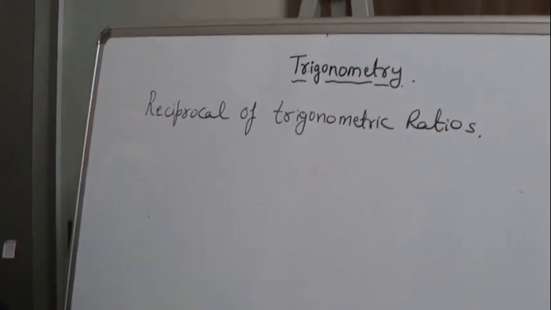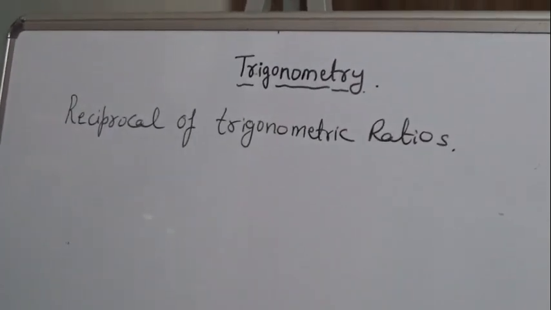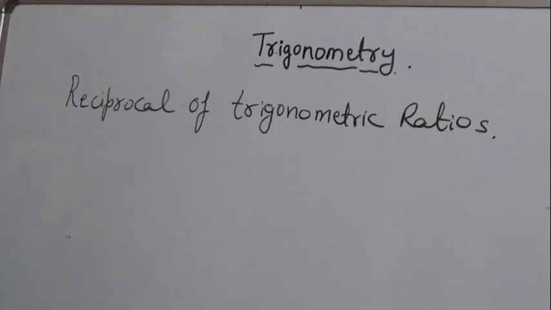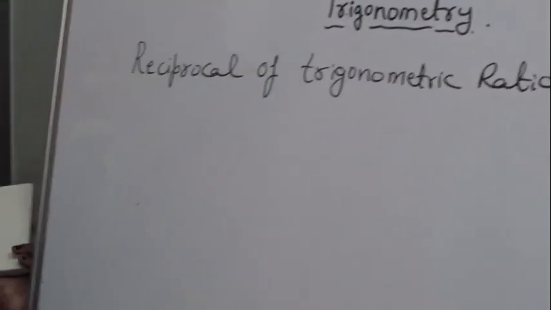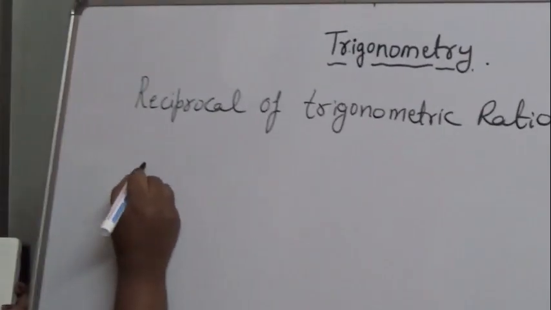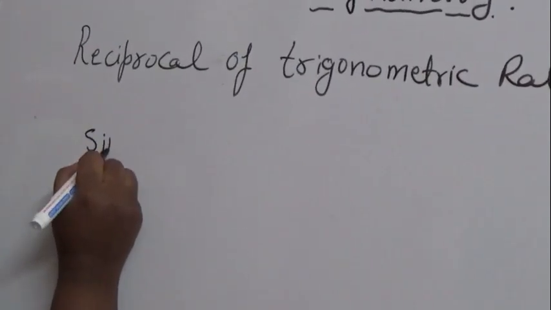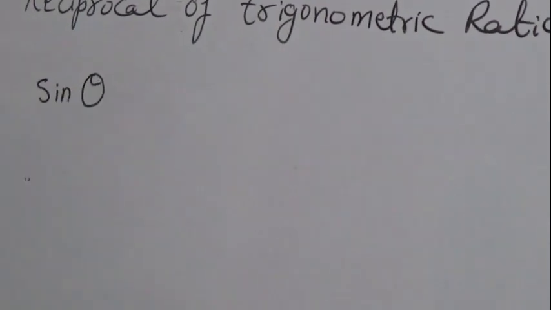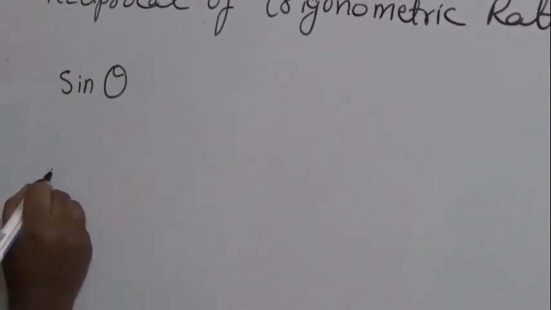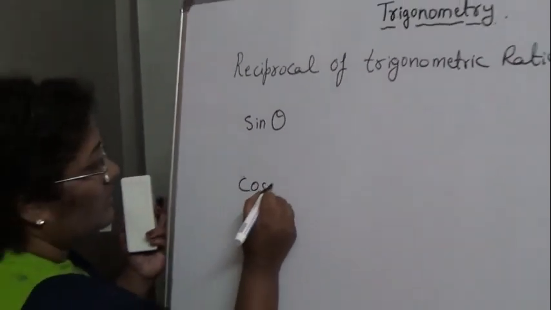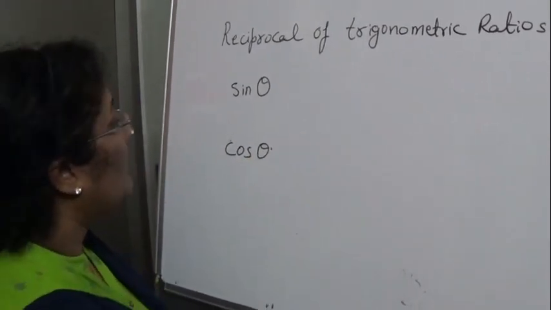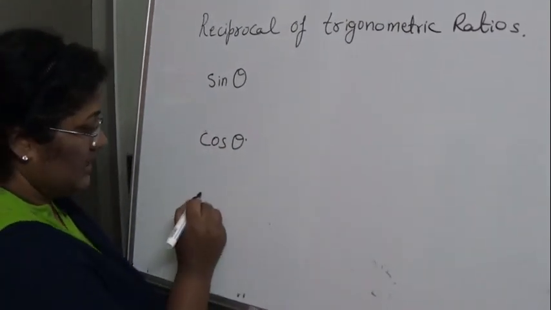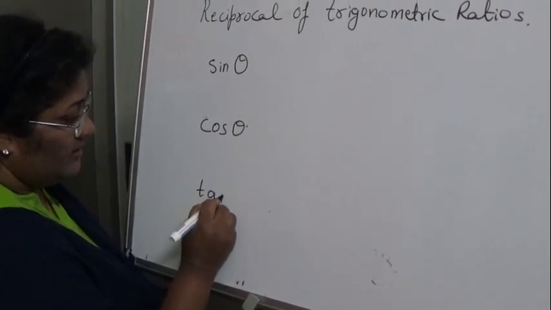The next concept is the reciprocal of trigonometric ratios. I have already explained it, but see once again. If the angle is theta, consider the trigonometric ratios sin theta, cos theta and tan theta.